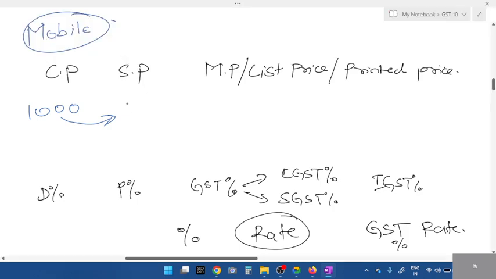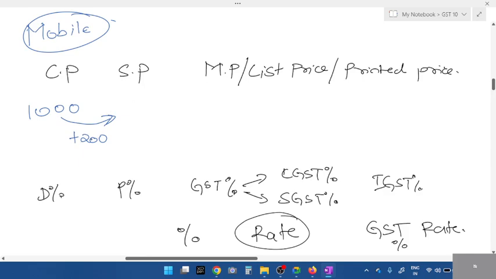When you increase 200 and sell it to the customer, you sell it for 1,000 plus 200, students.